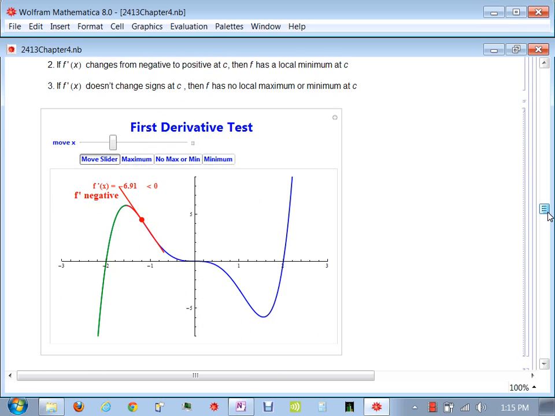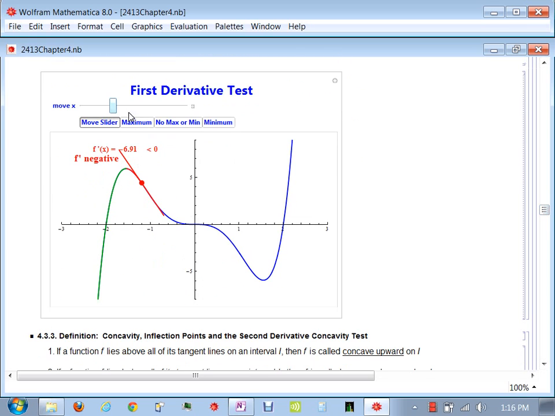Now, let's look at what's happening in the middle here. As I move across here, my derivative is negative, and doesn't it flatten out to 0? Which means we have a critical number, don't we? So to the left of it, it's negative. To the right of it, what's it going to be? Negative still. So to the left, it's negative. To the right, it's negative.